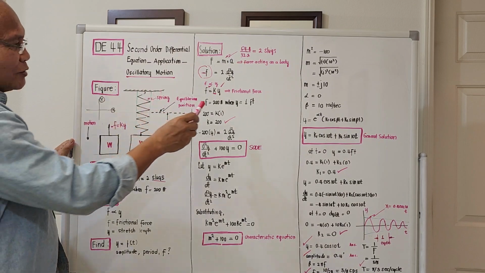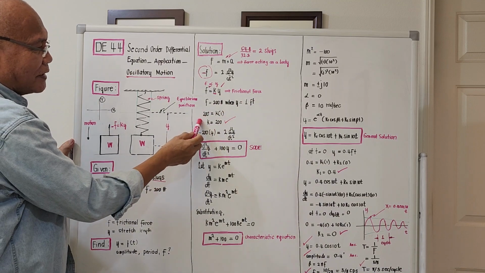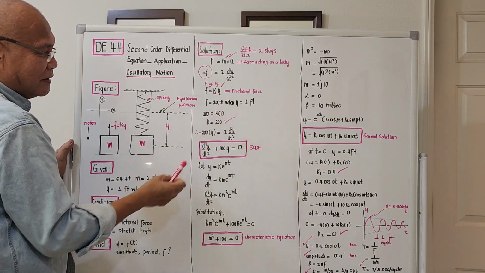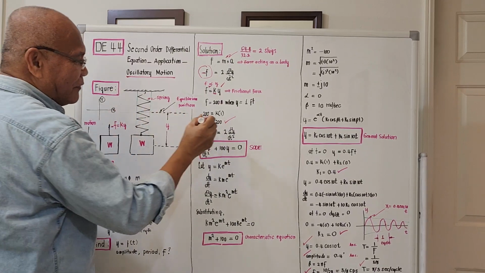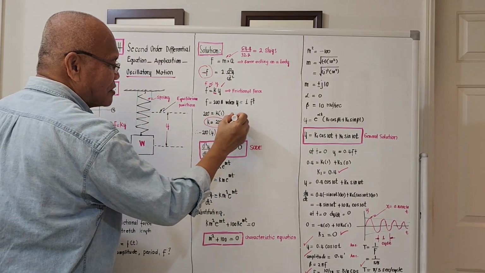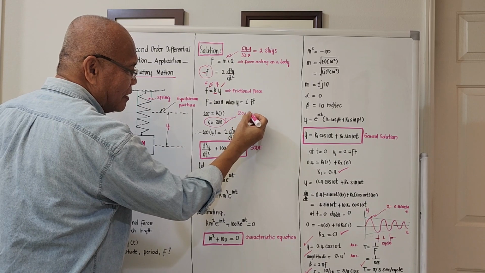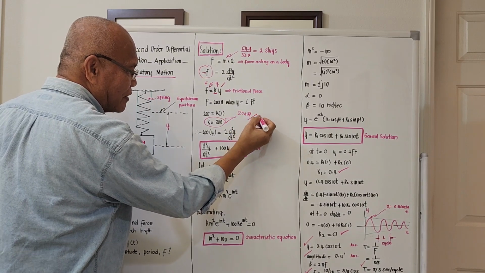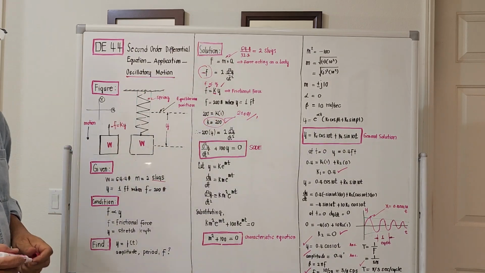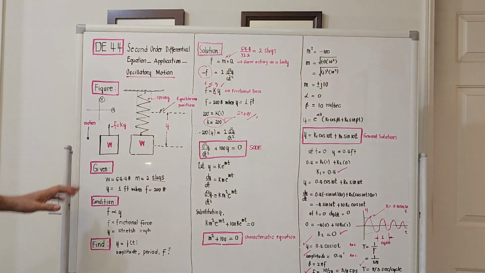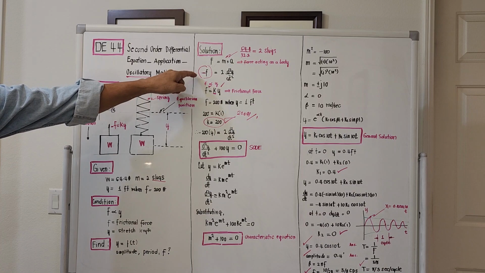So substituting the 200 and 1 foot, 200 should be equal to k times 1. k now will be 200 over 1. k is actually 200, meaning the spring constant is 200 pounds per foot. We need this one to compute for the equation of the motion. Then we'll go back here.